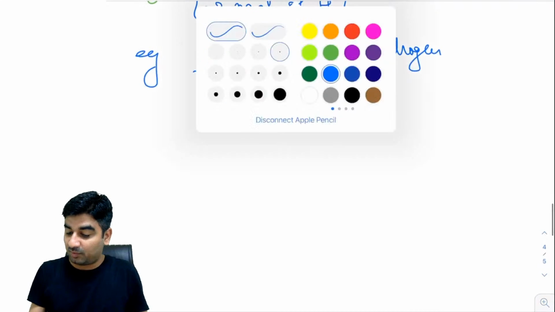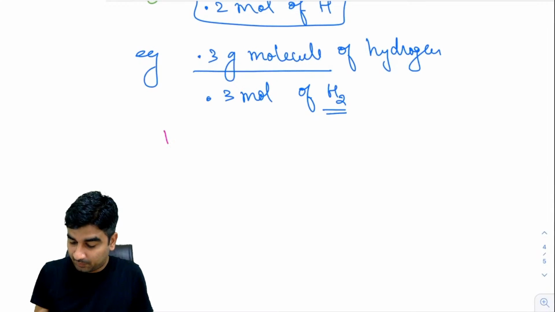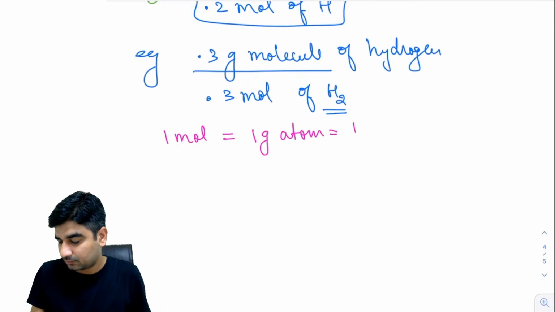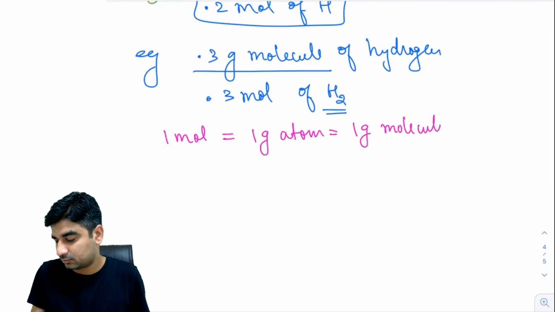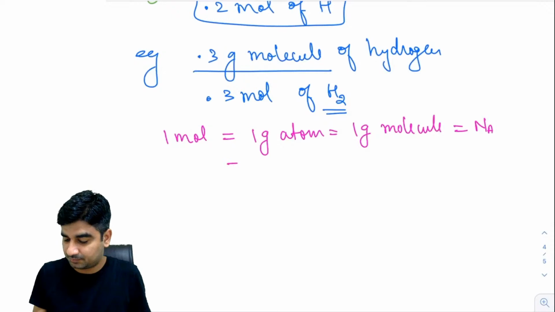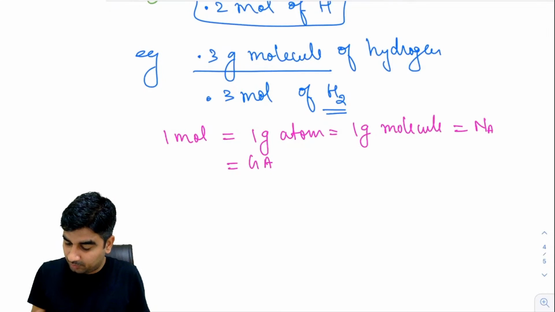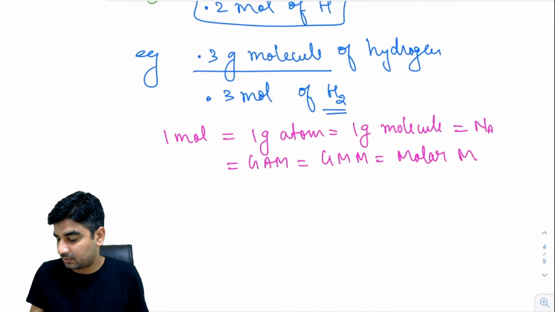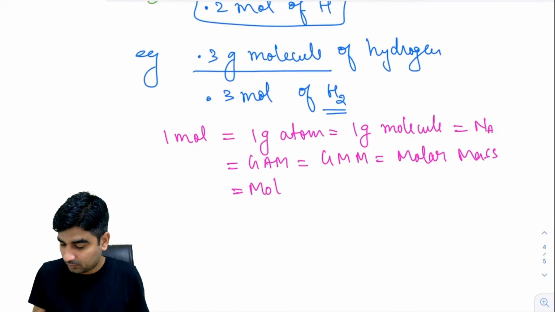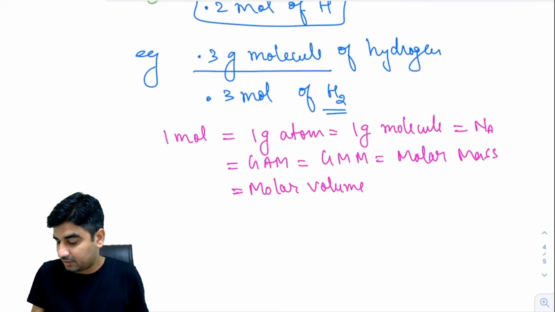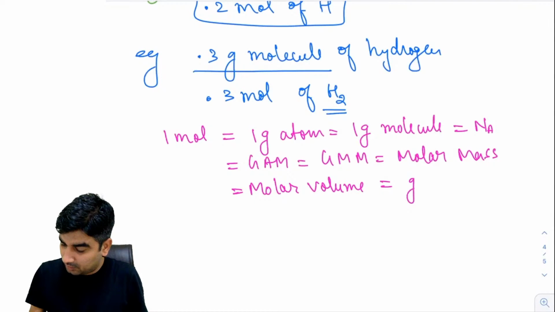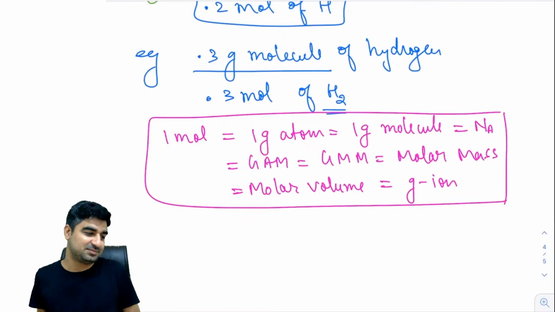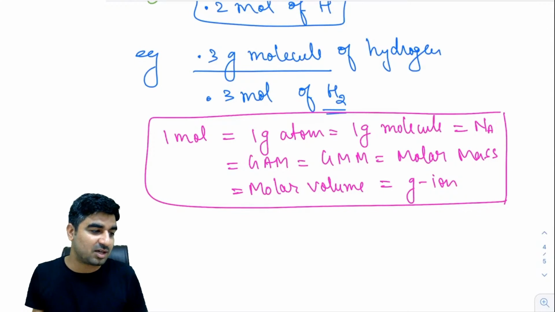So let's see how many names are there for mole. 1 mole is basically 1 gram atom, 1 gram molecule. It is Avogadro's number Na. It is gram atomic mass, gram molecular mass, molar mass, molar volume, and there is one more term, gram ion. So these are all names of 1 mole. Just note it down.